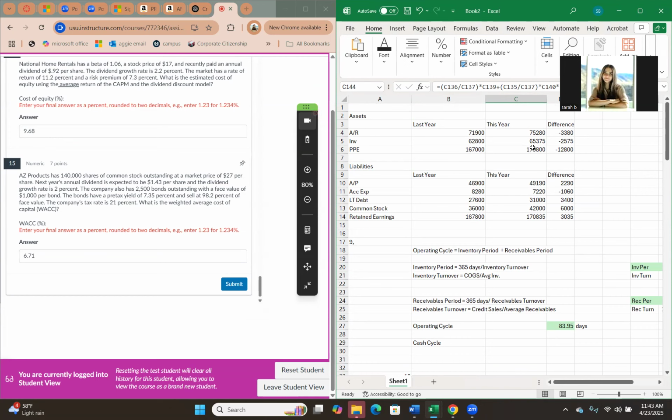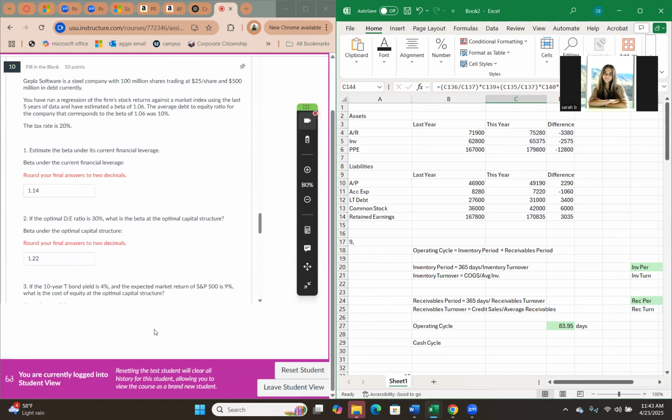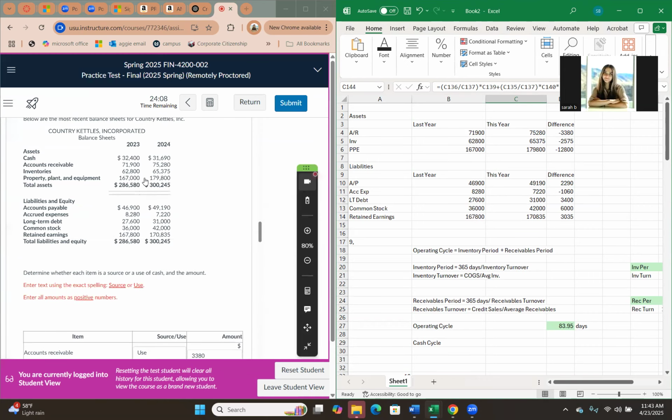Anyone have any questions about the exam, about what you can bring in? It's open note, open book, so you get an Excel sheet. For studying, I would recommend understanding a cash flow statement. Almost guarantee you'll see the same one we did up here, this sources and uses of cash.